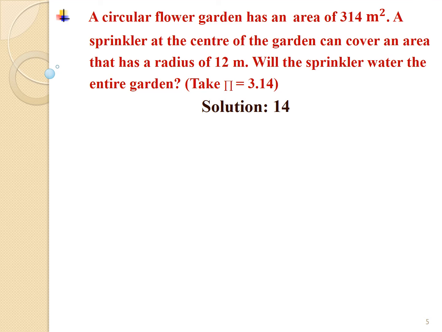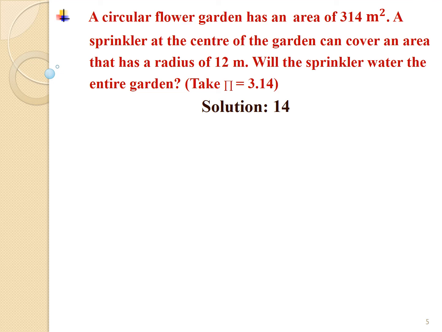Students, also note that the value of pi given to us is 3.14. So, we have to take 3.14 and not 22 upon 7. So, let us solve this question and find the radius of circular flower garden and conclude the answer.